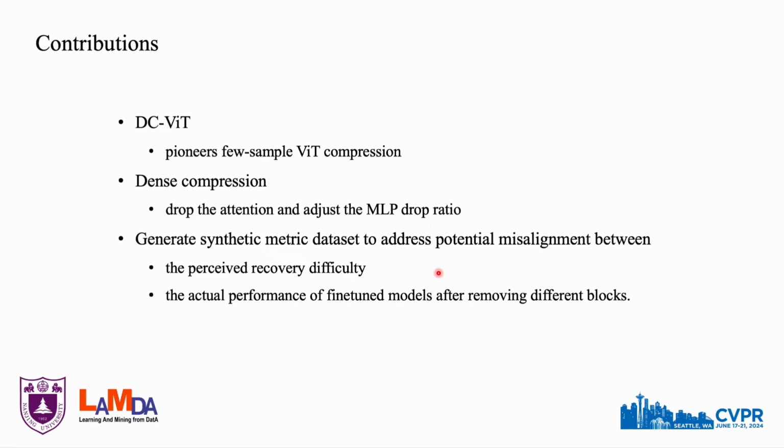To select the blocks with the best recoverability, we propose generating synthetic images as a matrix dataset to address the potential misalignment between the perceived recovery difficulty indicated by the training loss and the actual performance of the fine-tuned models after removing different blocks. Consequently, our method outperforms state-of-the-art few-shot compression methods by a significant margin of 10 percentage points, along with lower latency in the compression of ViT and its variants.